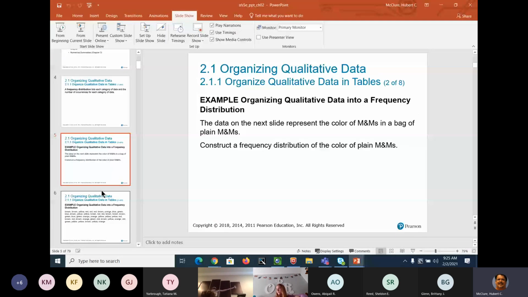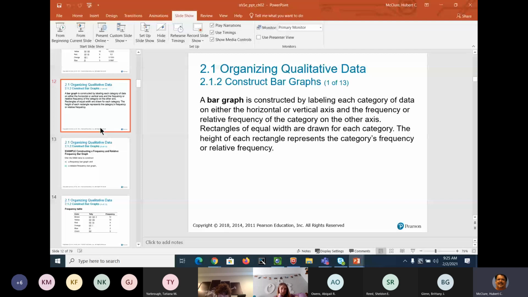Here is a frequency distribution, frequency, relative frequency, bar graph. Okay, we've gotten to 2.1, slide number 12. I need somebody to put slide number 12 in your notes, if you don't mind.